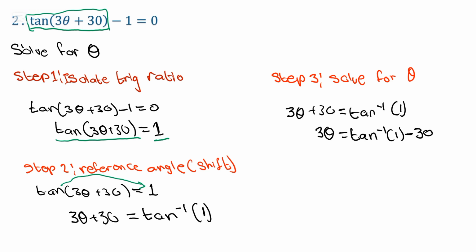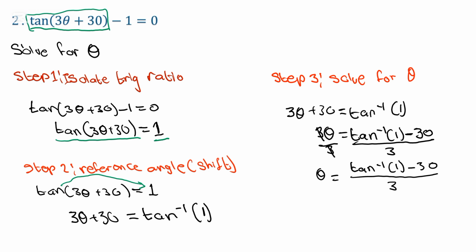So now after you have taken your 30 to the other side, you must divide both sides by 3. So you can cancel out that 3 there. Your theta will be equal to tan exponent negative 1 of 1, minus 30, all divided by 3.